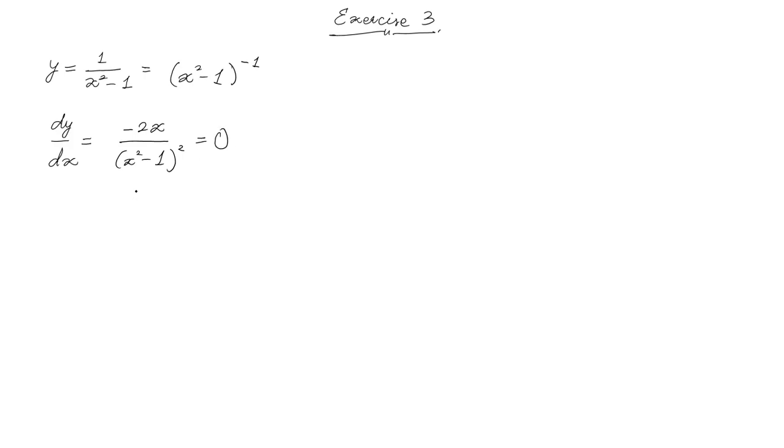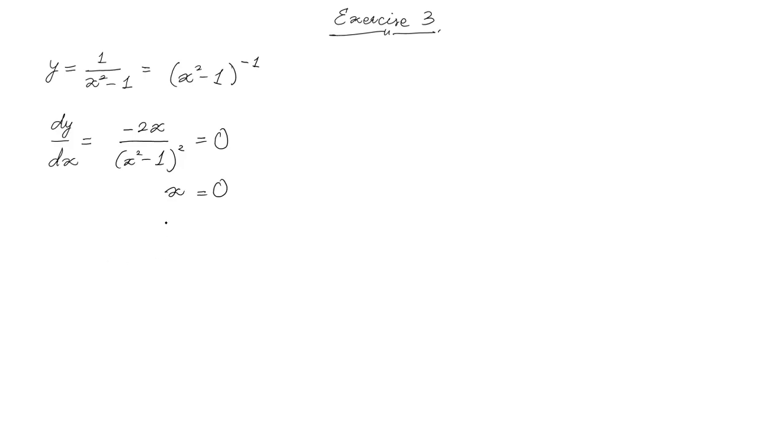So we're going to skip a little bit of details over here, and you don't have to worry about the denominator, as to find the value of x corresponding to dy/dx equal to 0, you just have to take a look at the numerator. So simply negative 2x equal to 0, then you get x equal to 0.